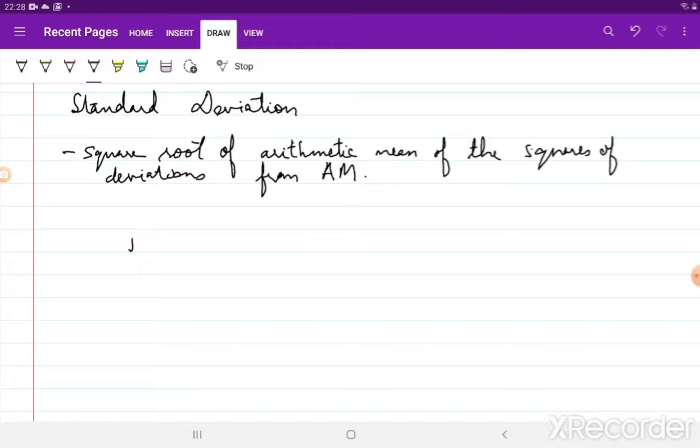Generally, it is denoted by this Greek letter called sigma. So, for raw data, your sigma will be the square root of the arithmetic mean of the squares of deviation. Your deviation from the arithmetic mean is xi minus x bar.